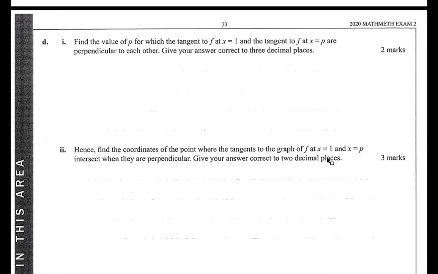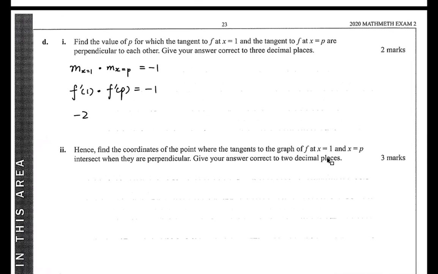Find the value of p for which the tangent to f at x equals 1 and the tangent to f at x equals p are perpendicular to each other. So the gradient at x equals 1 multiplied by the gradient at x equals p should be -1, which means f dash 1 multiplied by f dash p is -1.